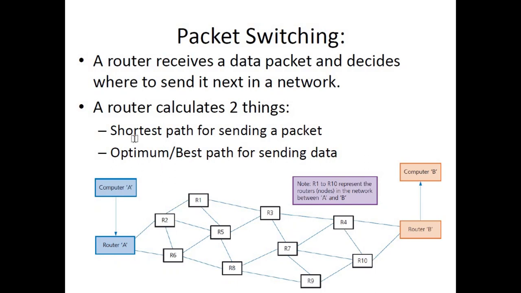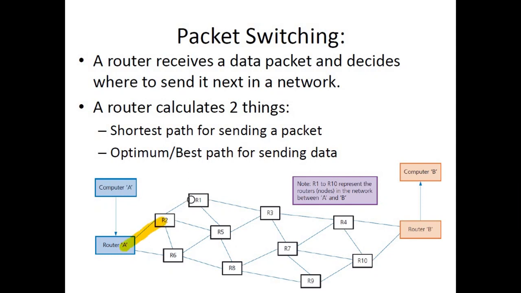So the router calculates the shortest path for sending a packet, with the shortest possible number of routers in between, as well as the optimum or best path for sending that data.